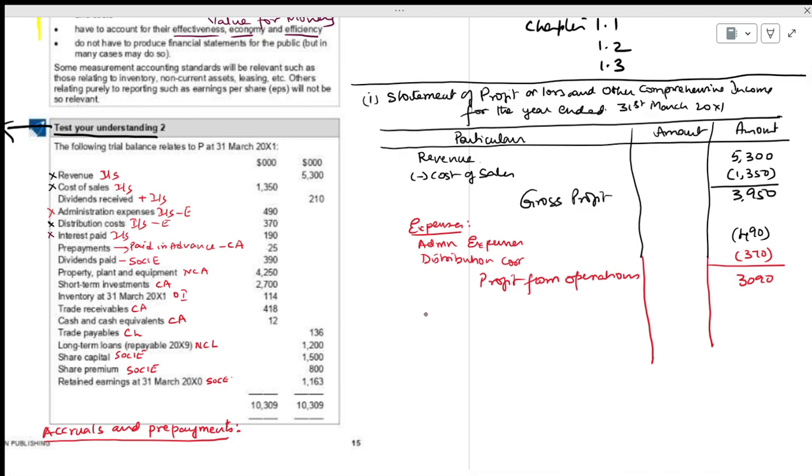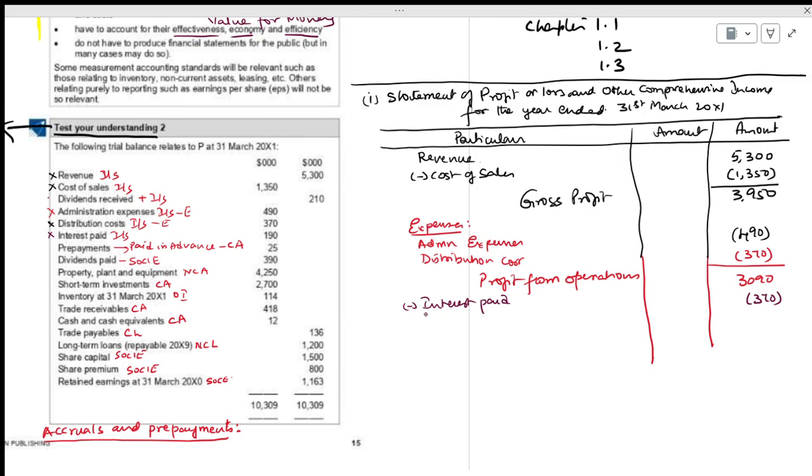How much is the interest paid? 370. Next. Any prepayments, dividends paid, short-term investment. Dividend received is there. Income from investment is there.